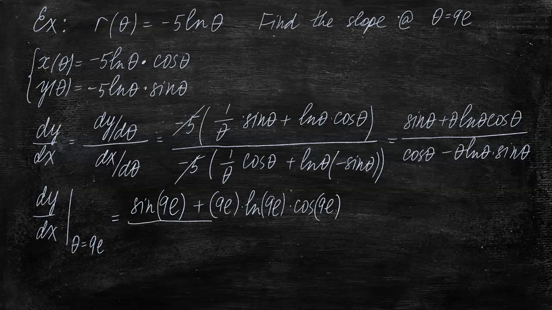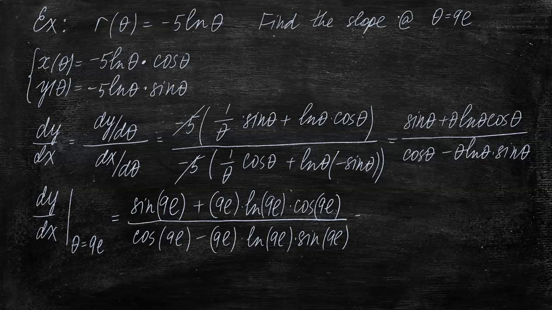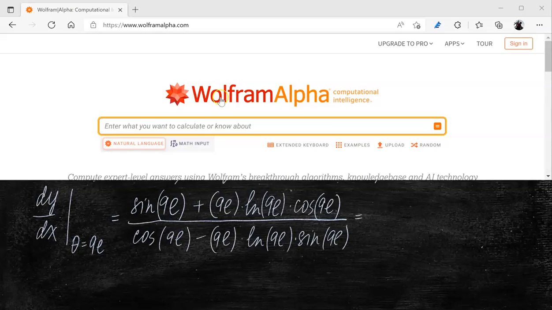None of this is pretty, so I'm just going to grab a calculator and do it with a calculator. And my favorite calculator is Wolfram Alpha. So let's put it in Wolfram Alpha and see what happens.